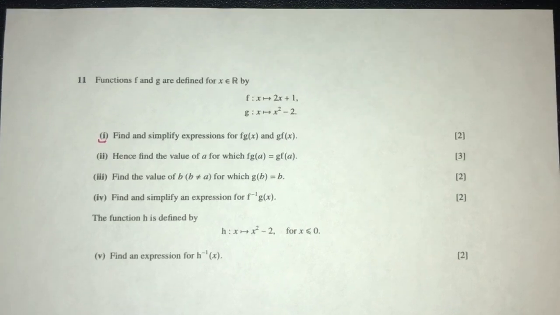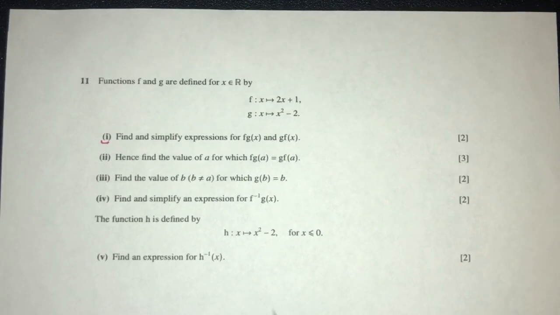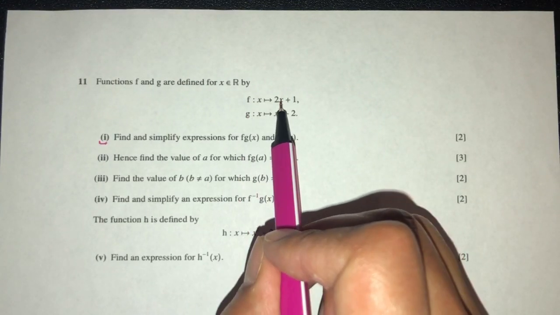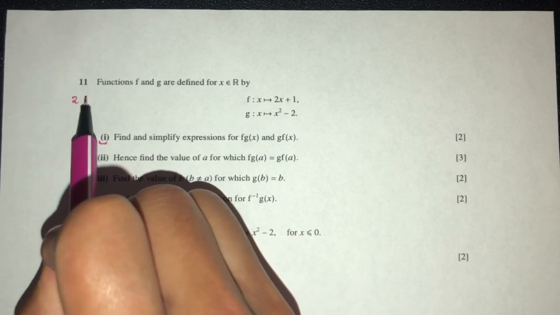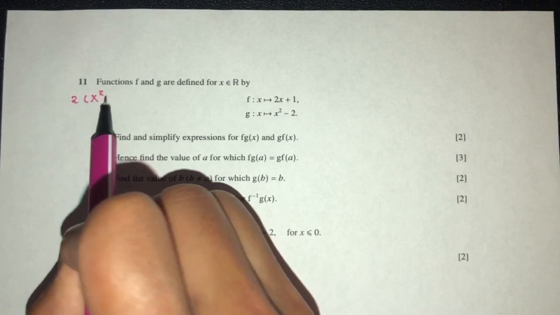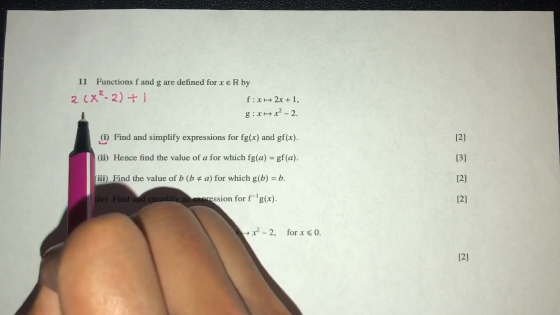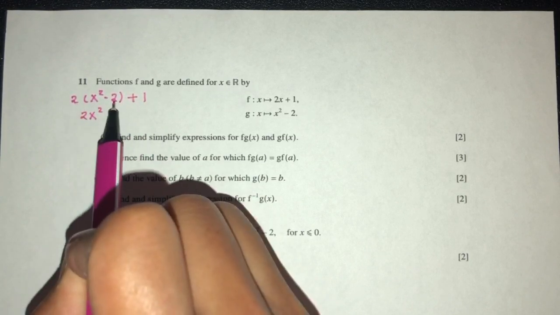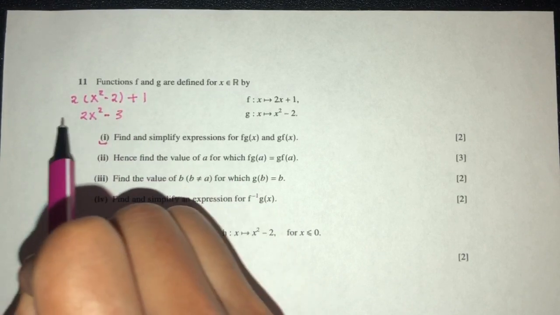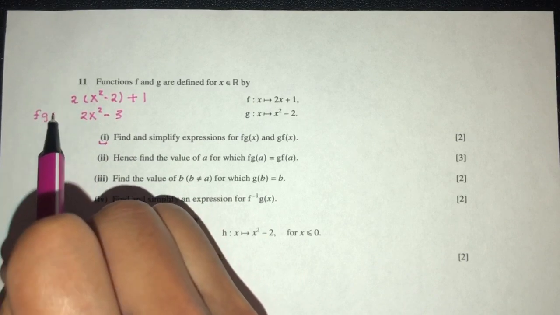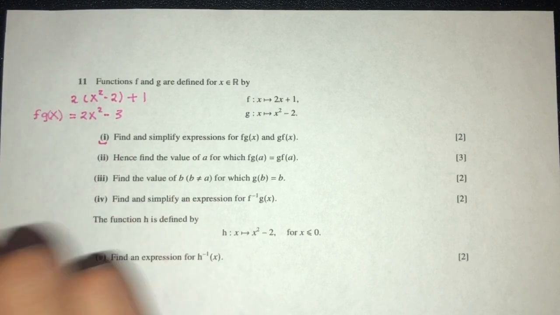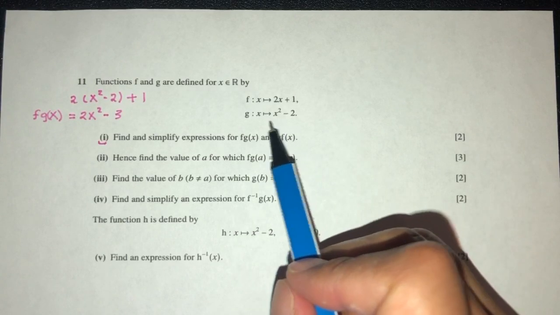One by one. First we have to find f g of x. So replace g of x in x. You will have 2 times g of x, plus 1. That should be 2x squared minus 4 plus 1, which is minus 3. That should be f g of x. Now for this one, g of f of x.